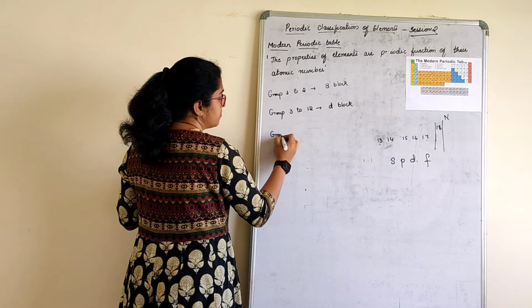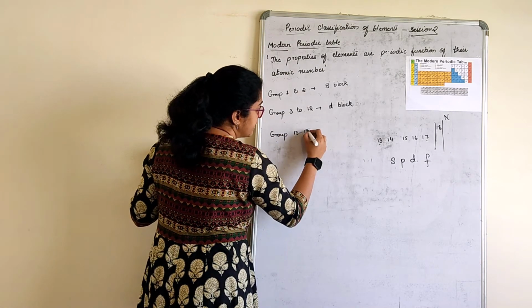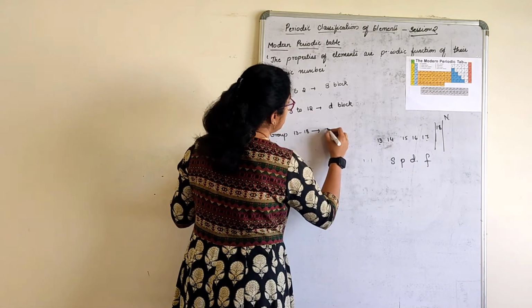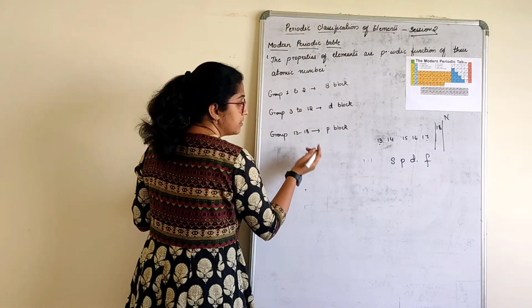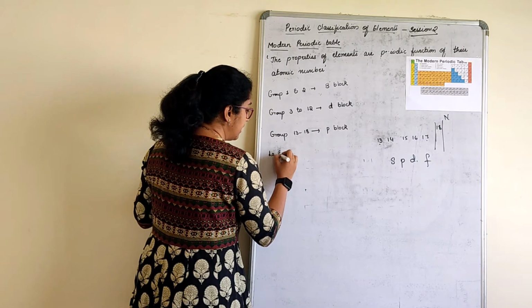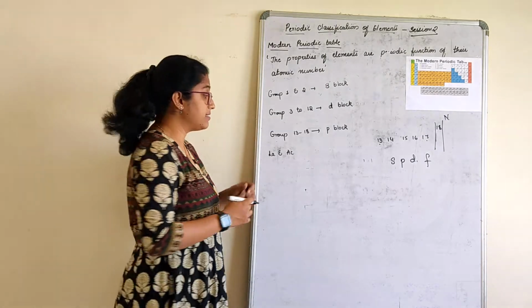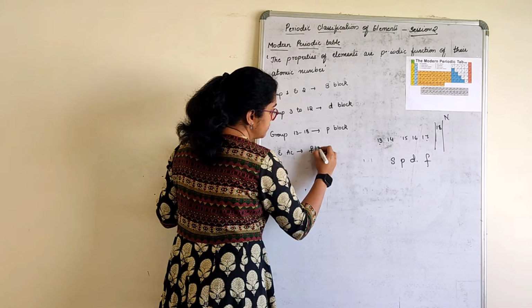Group 13 to 18 belong to the P block. And last, what do we have? We have lanthanides and actinides. We call them La and Ac. Lanthanides and actinides belong to the F block.